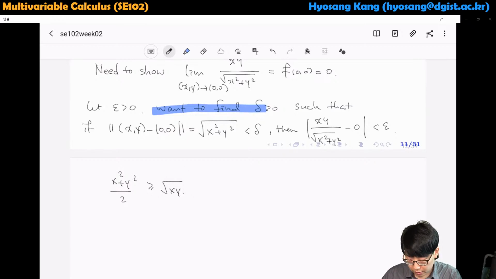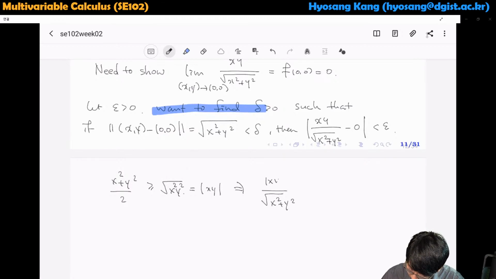Therefore, the absolute value of xy over the square root of x squared plus y squared is always less than or equal to the square root of x squared plus y squared over 2, right?